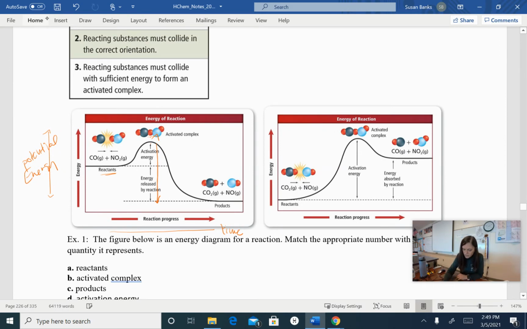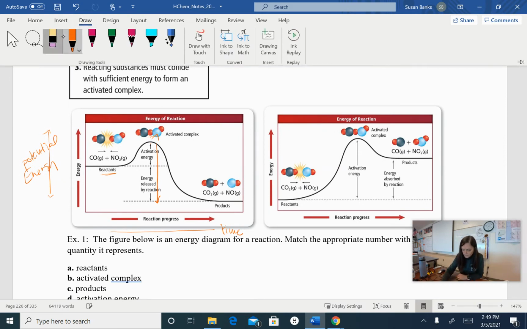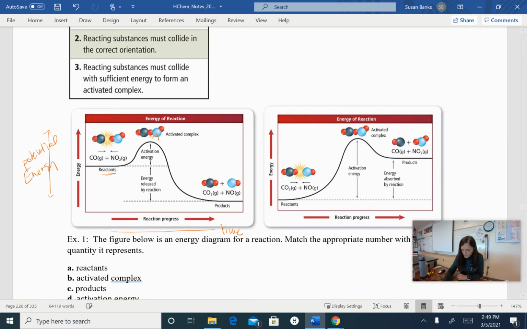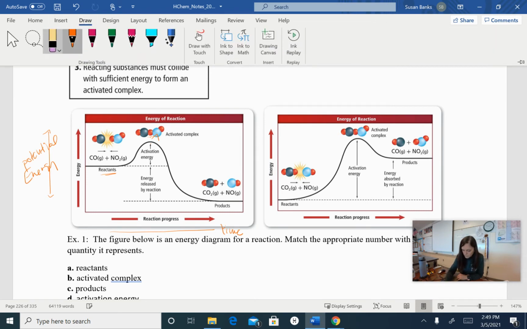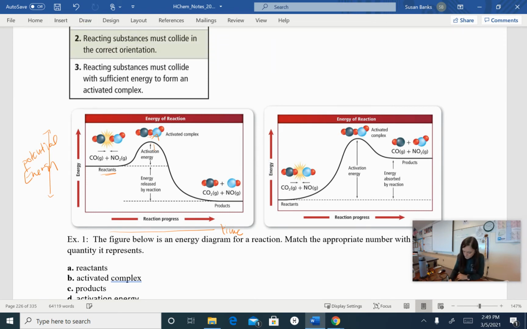Let's actually draw that better. So this to here would be the potential energy of our activated complex. This is our potential energy of our reactants. So this is the energy that our reactants start at, the potential energy.